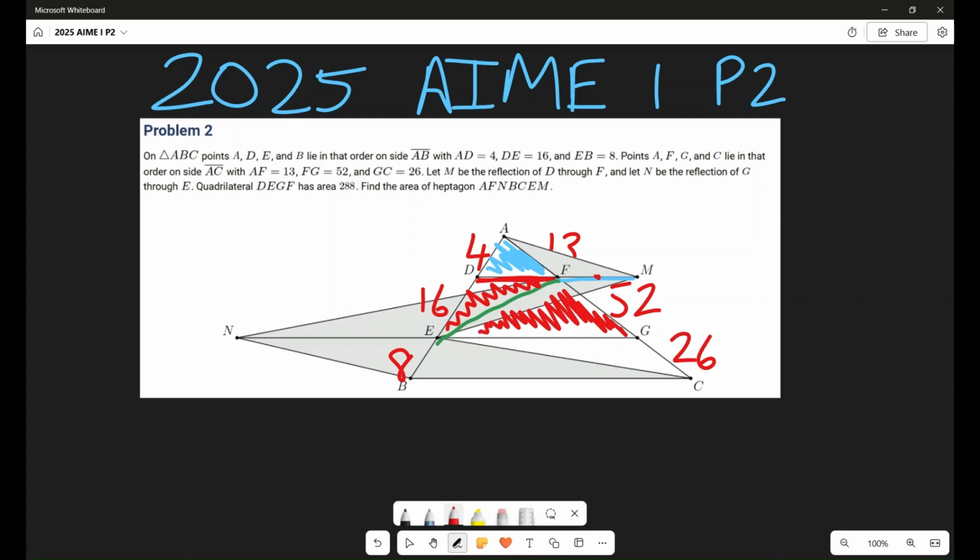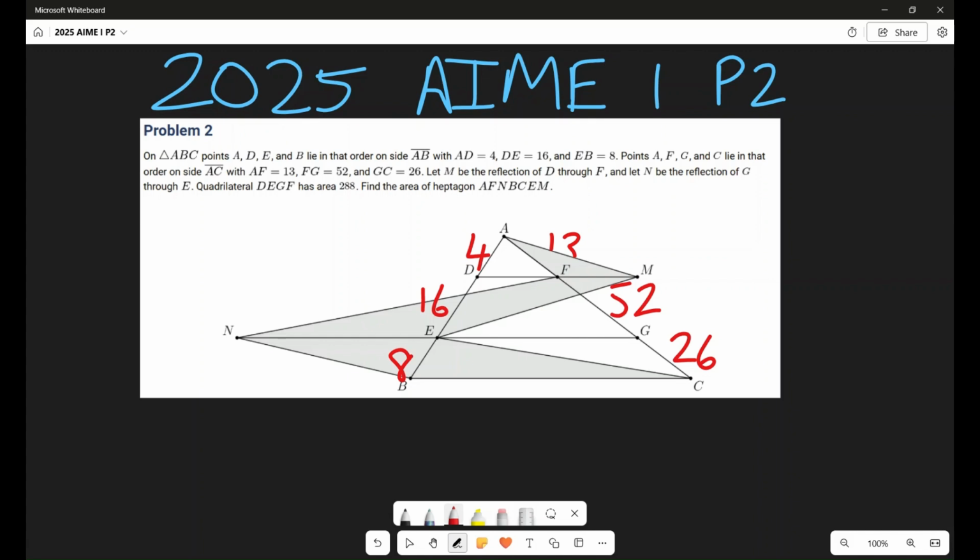And now finally, we have NECB, and we have this line right here to split that area up into two triangles, right? So NEB, we know that's the same as EGB, and EGB is the same as EGC. So we can shade this region in. And so essentially all we want is the area of the triangle.